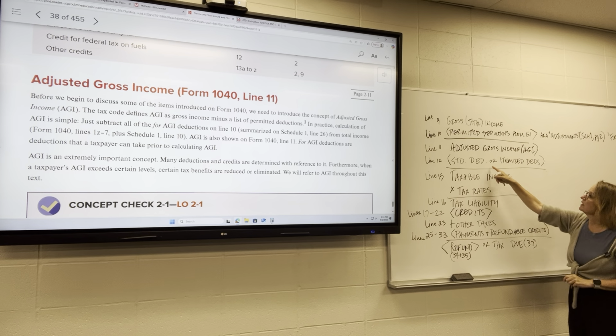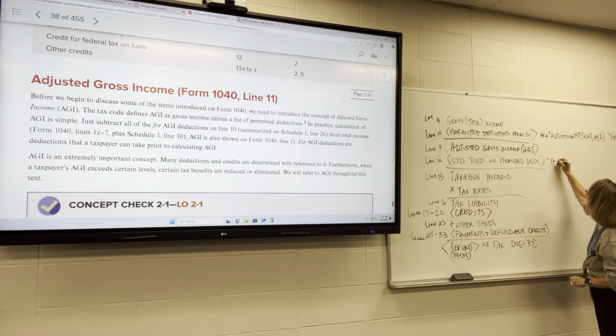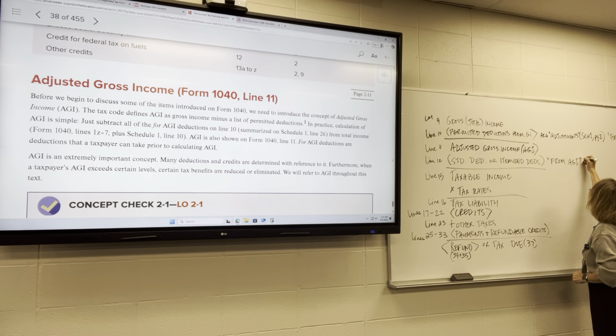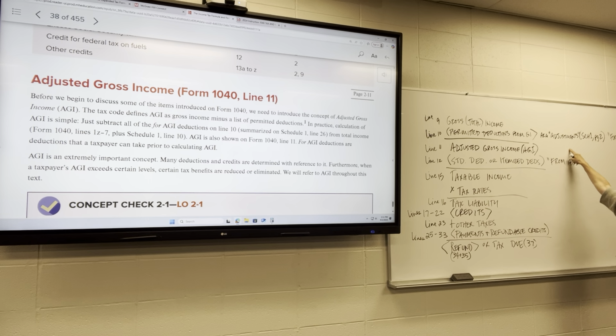And these are from AGI. So these are deductions for AGI. These are deductions from AGI. For, think of before. These come before AGI. We calculate AGI. These come from AGI, so we've already calculated AGI. We're going to subtract it from AGI.